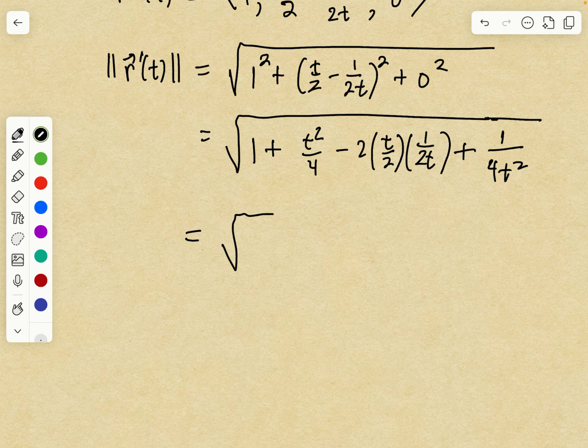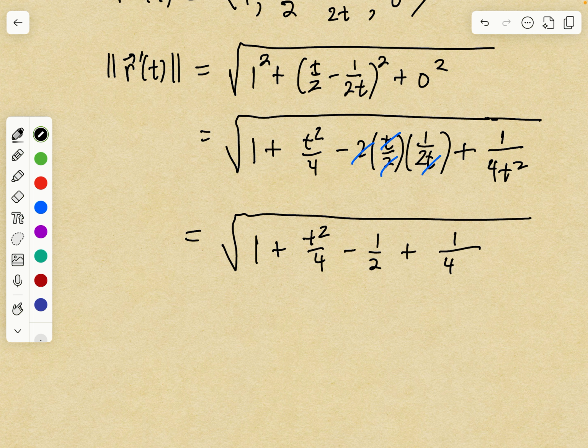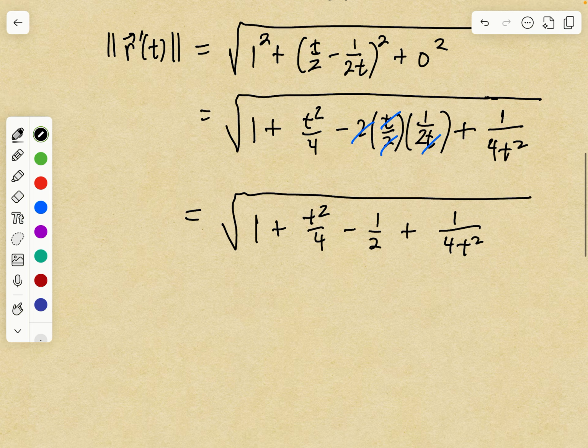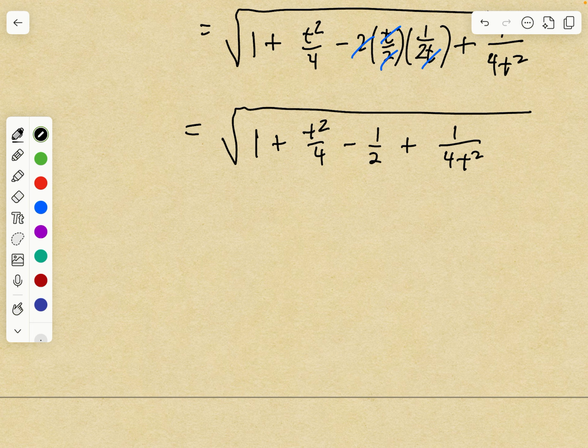And this is going to be the square root of 1 plus t squared over 4. Okay, what are we going to get here? The t's are going to cancel, and the 2's cancel, and so you have minus 1/2, plus 1 over 4t squared. And we have to integrate this from 1 to 3.